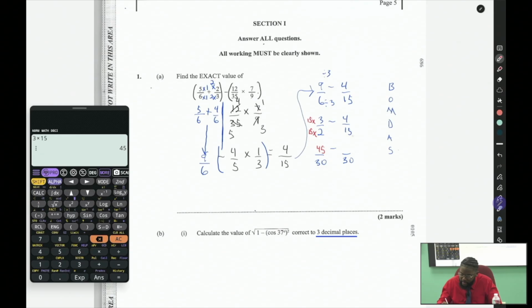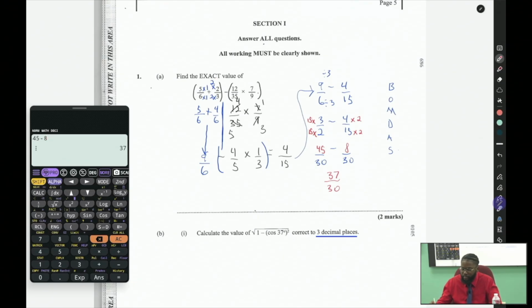And then on the other side, we multiply by 2 to get the 30, so we multiply by 2 also in the numerator. So 4 times 2 will give us 8. So now when we subtract, our final answer should be 45 minus 8, which would then give us 37 over 30.